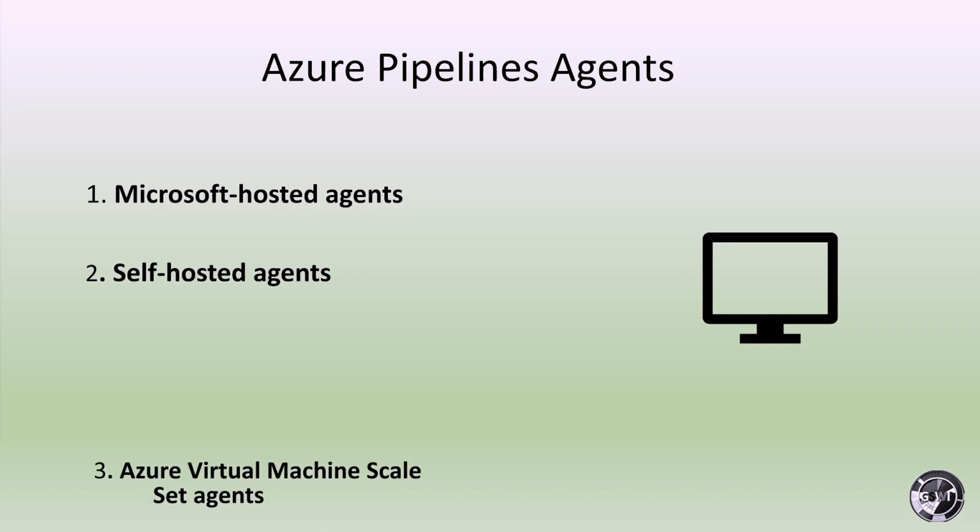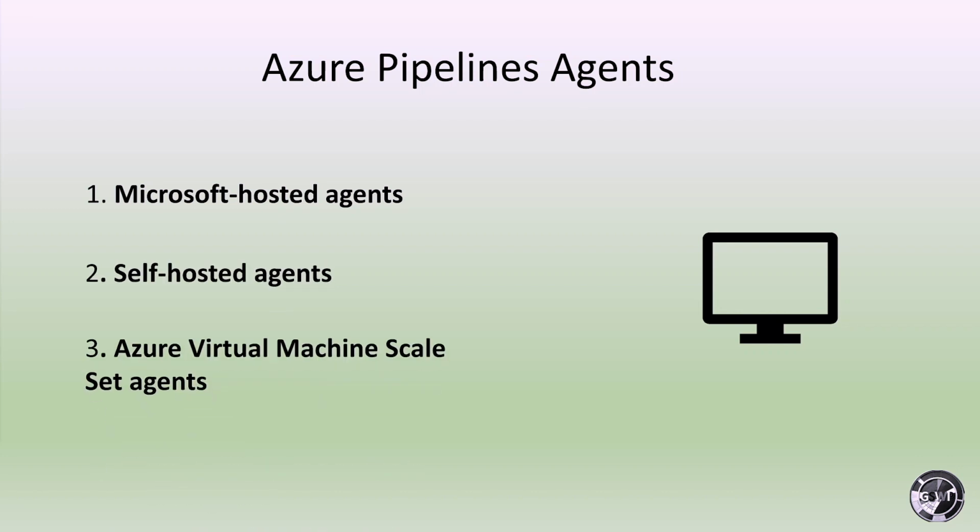The third one is Azure Virtual Machine Scale Set. Azure Virtual Machine Scale Set agents are a form of self-hosted agent that can be auto-scaled to meet your demands. This elasticity reduces your need to run dedicated agents all the time.